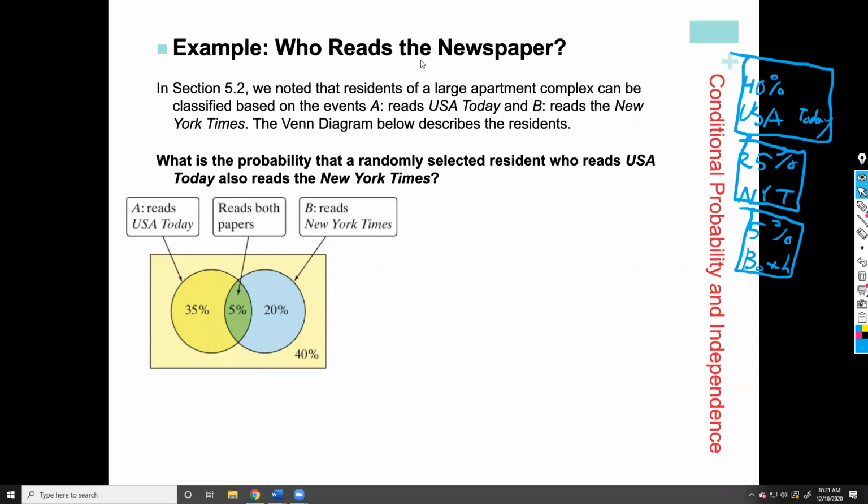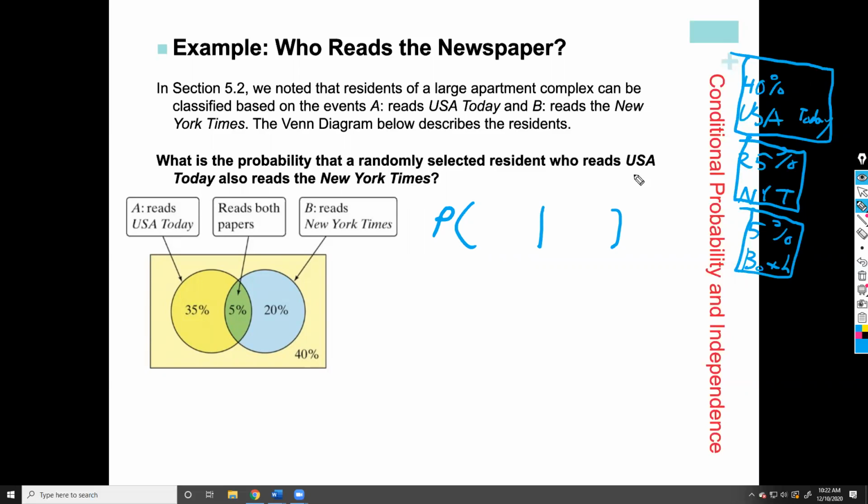So notation-wise, we're looking at finding a randomly selected person who reads the USA Today. So USA Today is A. Also reads the New York Times. So we're finding the probability of, if I know they read the USA Today, that's the thing that I'm told. That's the thing that I know already. And I want the probability that they also read the New York Times.